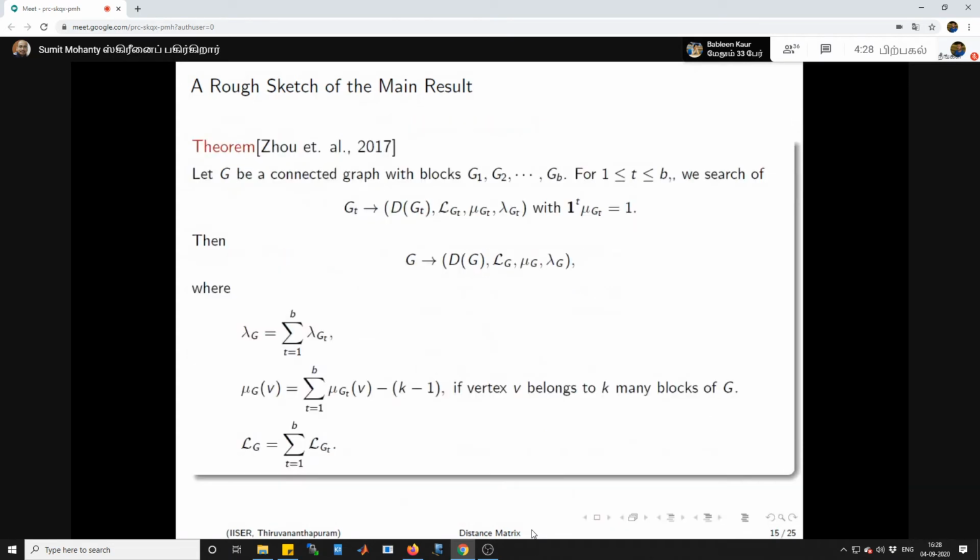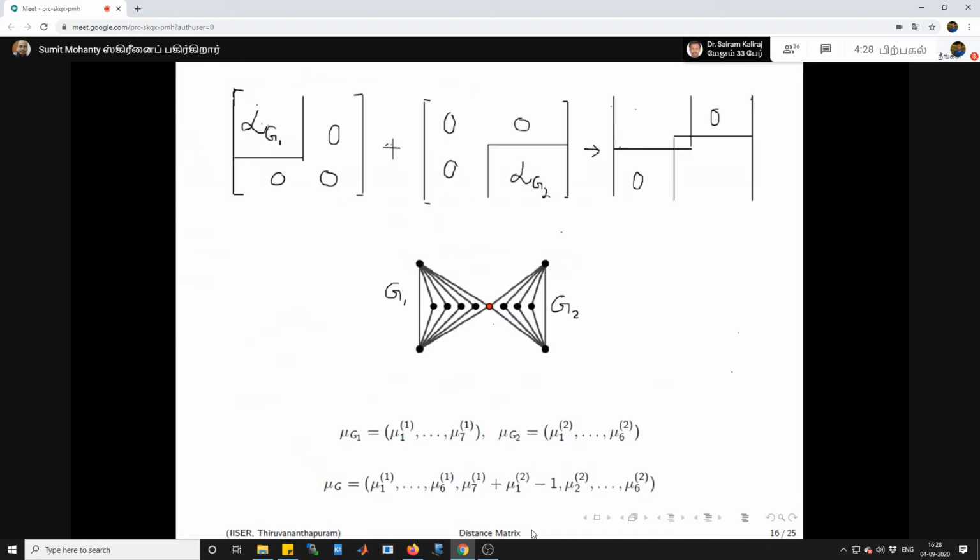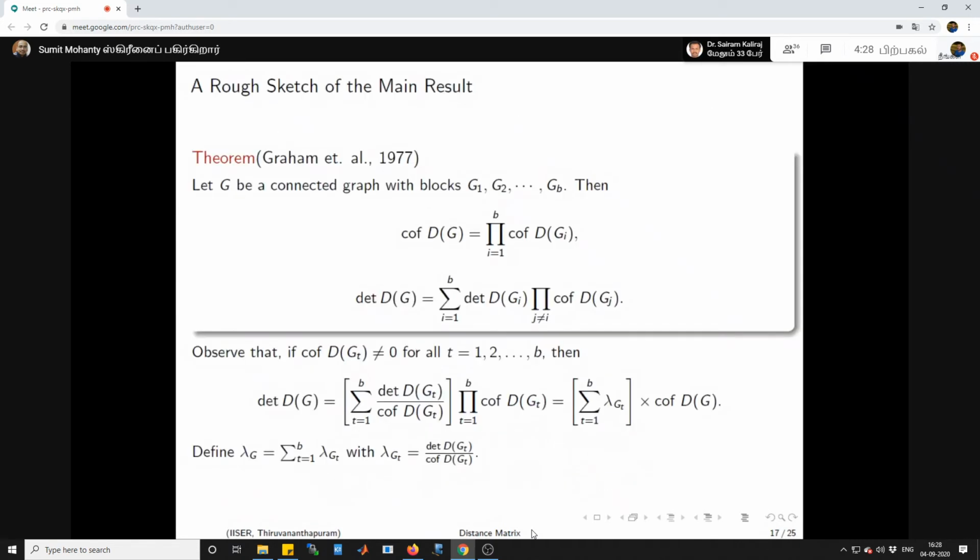Okay, so right now the problem reduces to, in fact not only for our problem, to get an inverse for any graph, if you know the individual blocks entries, basically you know the full graph technically for the distance inverse and determinant case. For our case, we have two parts, one is determinant, one is inverse.